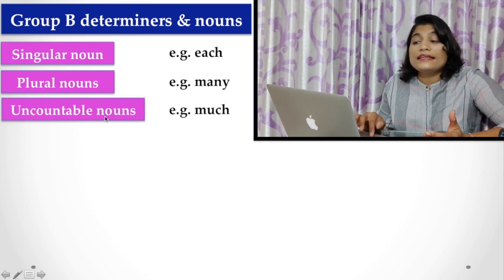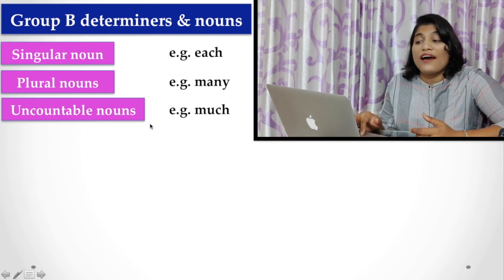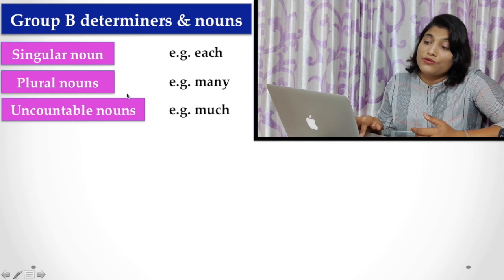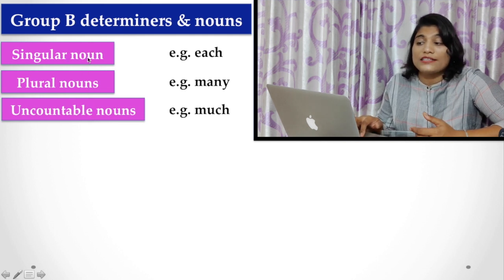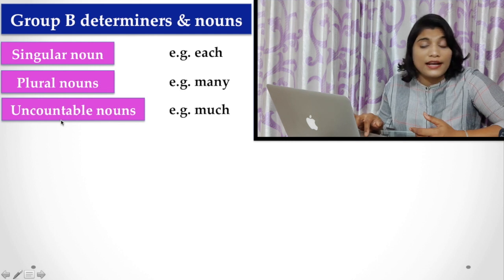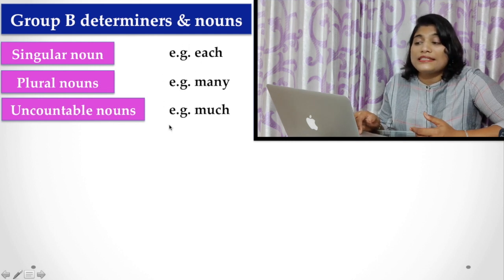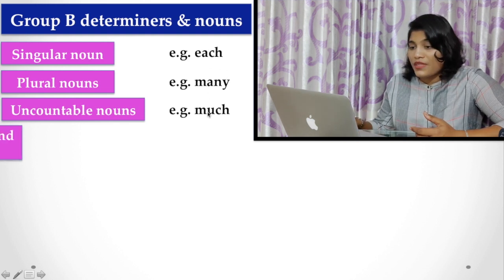And with an uncountable noun, we have to use the group B determiner much. So these are the prime things you have to remember, because for singular nouns, plural nouns, and uncountable nouns, you have to specifically use this type of determiner in those cases.